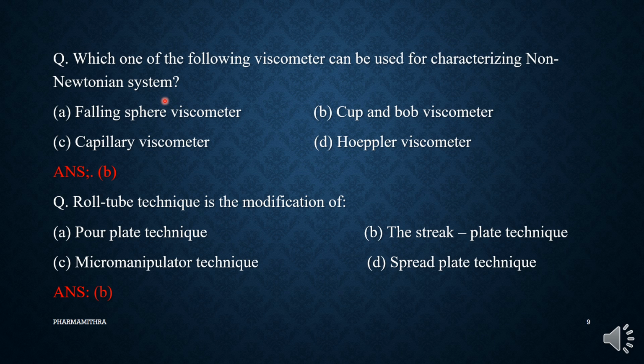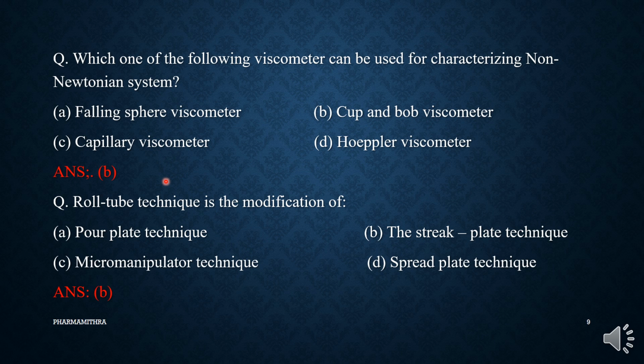Whereas the falling sphere viscometer also deals with Newtonian fluids, and the cone and plate viscometer or rheometer is non-Newtonian, whereas the rotational viscometer is for non-Newtonian liquids. Among the options, the cup and bob viscometer is used for characterizing the non-Newtonian system. So option D is the right answer.